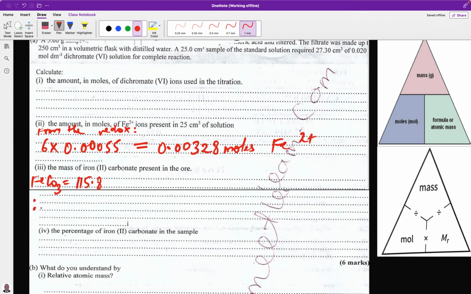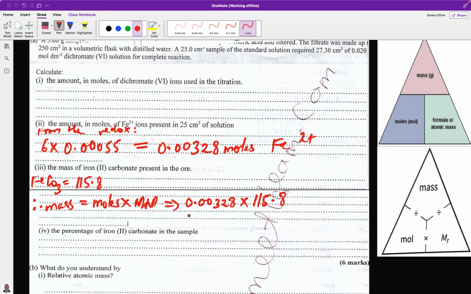Therefore, the mass of it will be equal to what? The mass will be equal to the moles times the molar mass, or you can call it M arrow, or molar mass. And the molar mass is 115.8. So now the mass will be equal to 0.00328 times the molar mass, 115.8.